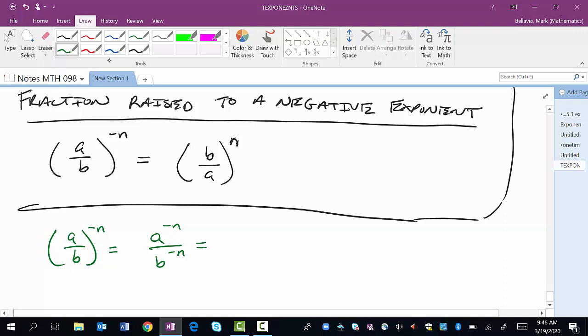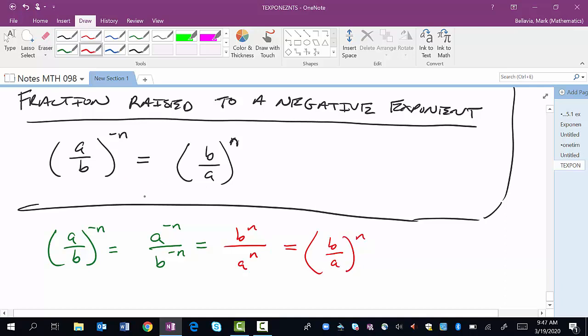And now we know that if I have a negative exponent here, it tells you to move it to the opposite part of the fraction. So a to the negative n gets moved down to the denominator as a to the positive n. b to the negative n gets moved to the numerator as b to the positive n. And then this is just recognizing it. If I have b to the n and a to the n, that's the same as b over a all to the n, because if I was to rewrite this as b to the n over a to the n. So that shows you that the rule is true.